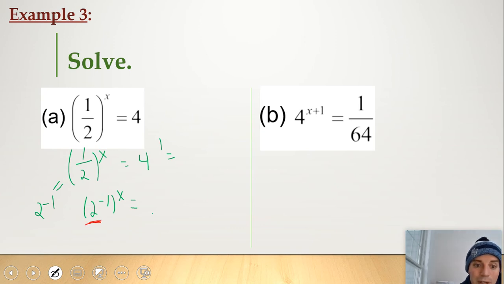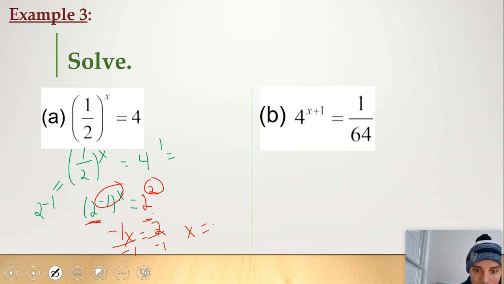Well, I can rewrite 4 as 2 squared. Set my exponents equal to each other now, common bases of 2. So I'm going to have negative 1x is equal to positive 2, divide by negative 1, and you're going to get x is equal to negative 2. So even more, a little bit more challenging here, because I have to somehow get those bases to be common.